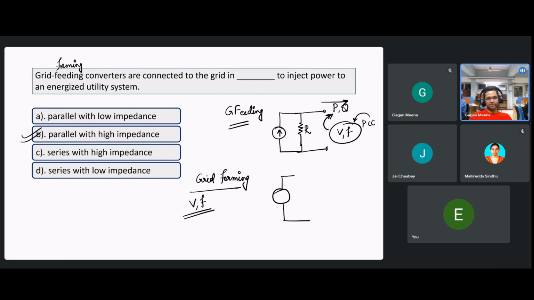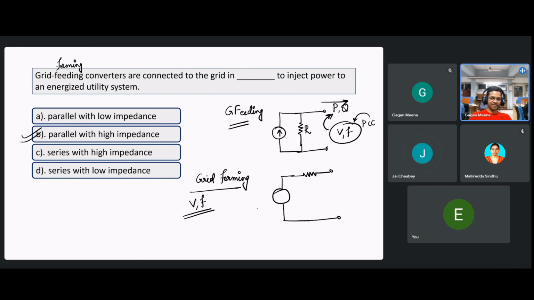So what type of source should this be? Then it will be opposite to that: series with high impedance? No, series is correct.